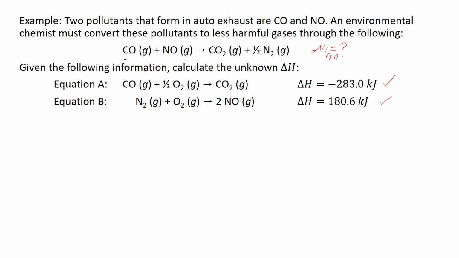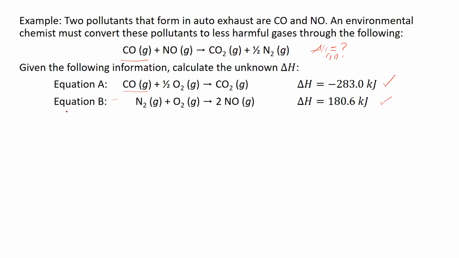Well, this is where we can compare our reactants to the equations that were given, right? So if we have carbon monoxide, we want one of these two equations to have carbon monoxide in the reactants as well. And you can see equation A has carbon monoxide. That carbon monoxide in equation A has the same stoichiometric coefficient, so that's a good place to start.